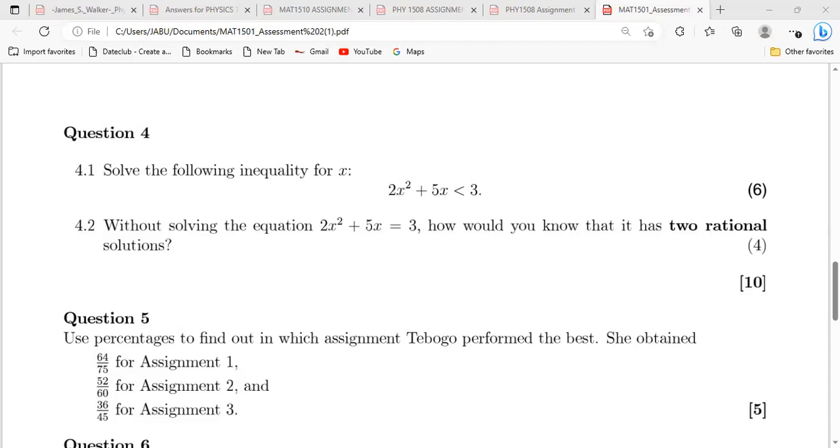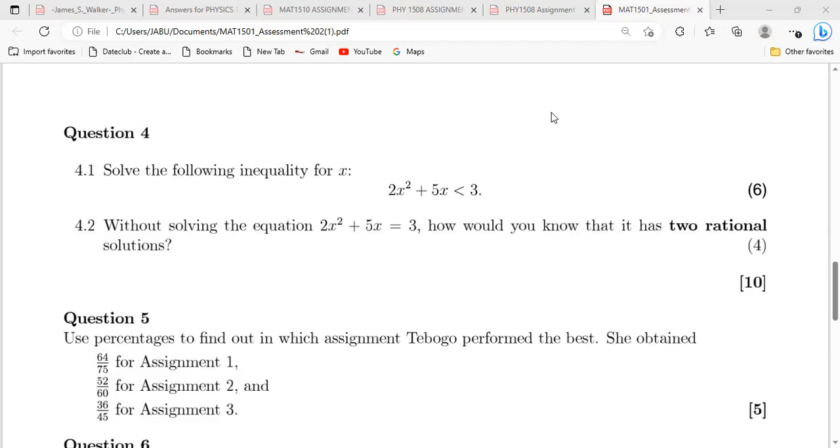All right. So how would you tell that it will give two rational solutions without even solving this? What you do is you take the discriminant, and if it is a positive perfect square or square number, we have two rational solutions.